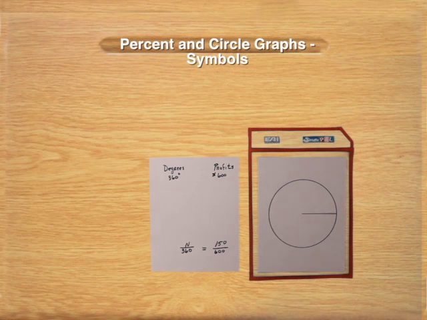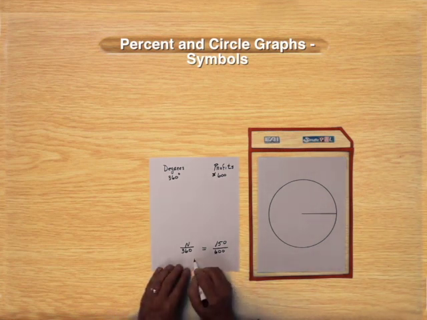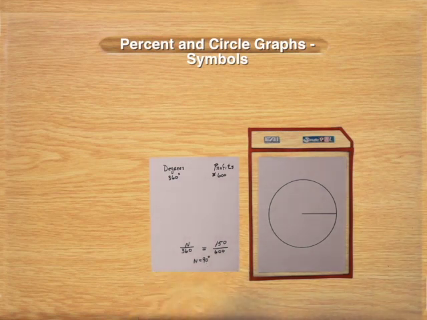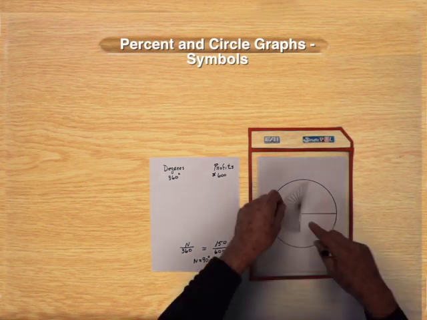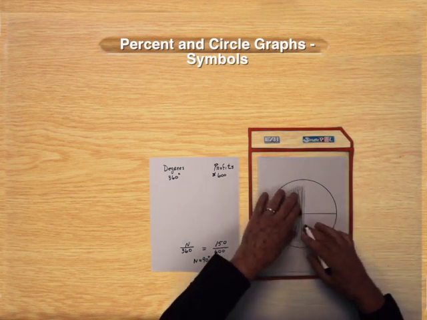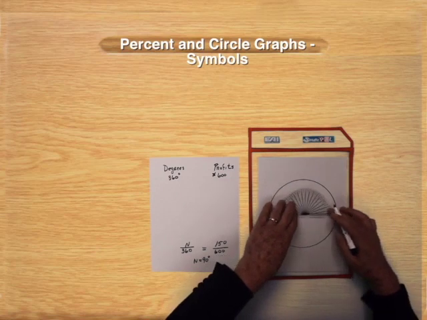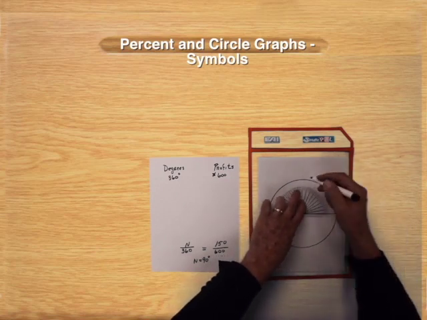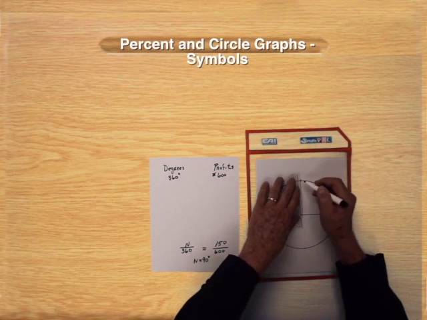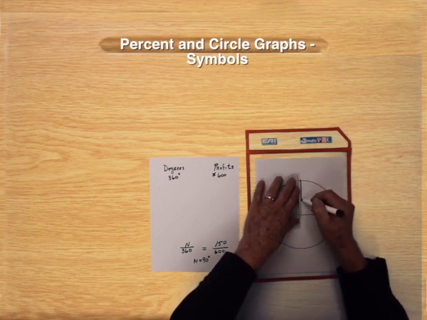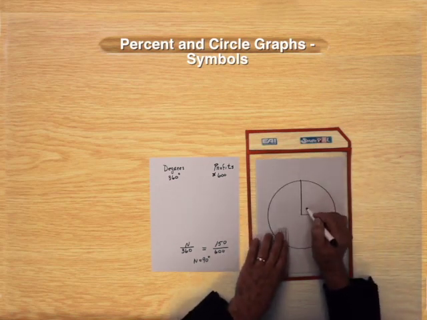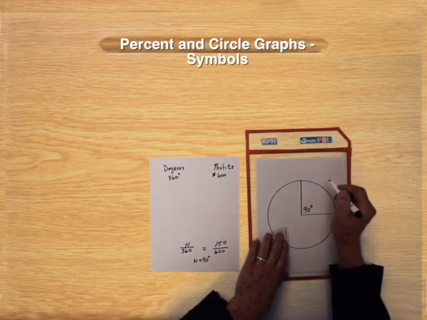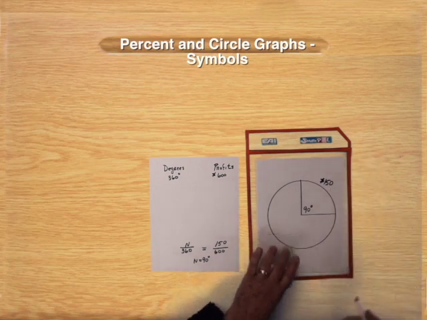And when we solve this proportion, we get an answer of 90 degrees. And we draw 90 degrees on our circle. So here's an angle of 90 degrees on our circle. And this angle of 90 degrees represents $150 in profits.